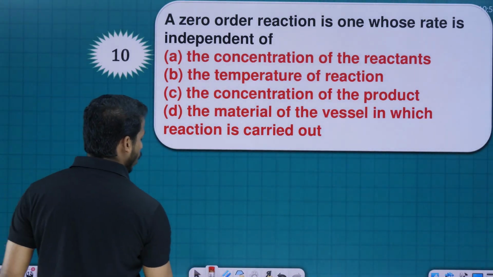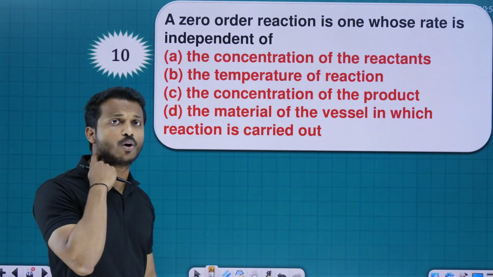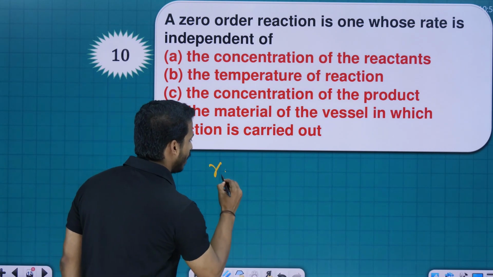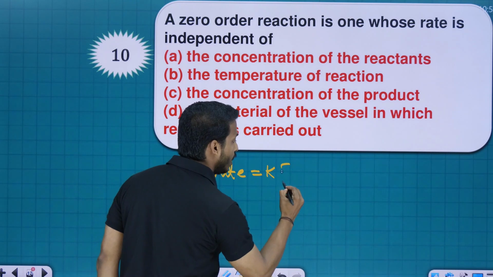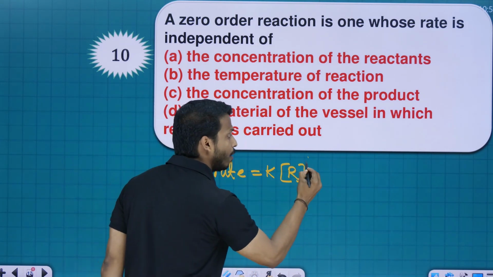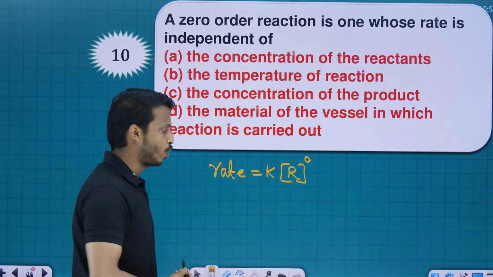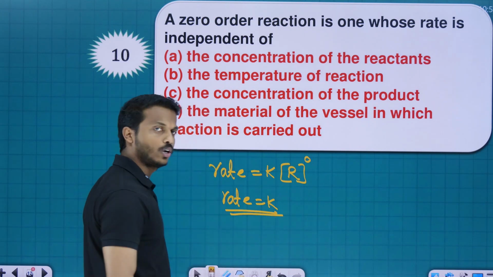Next. A zero order reaction is one whose rate is independent of what? See, let me write the rate law for a zero order reaction. Rate is equal to k into reactant. If it is zero order, power should be zero, right? So we get rate equal to k.